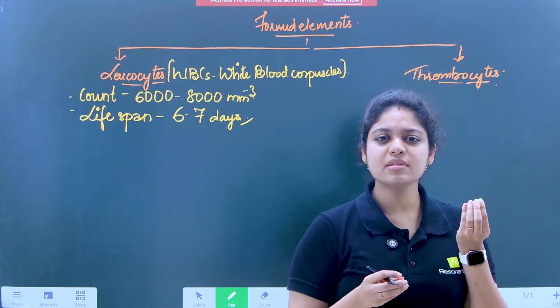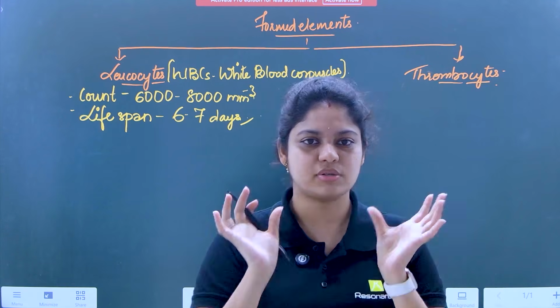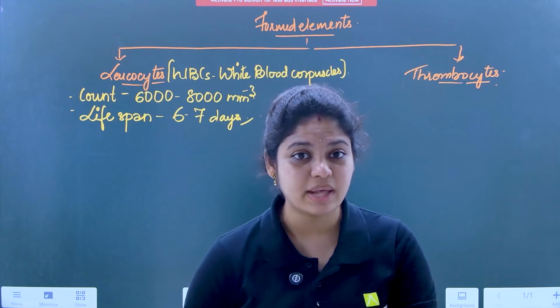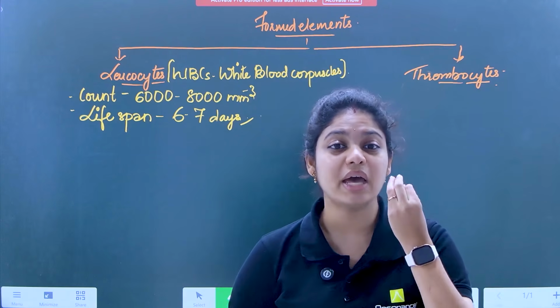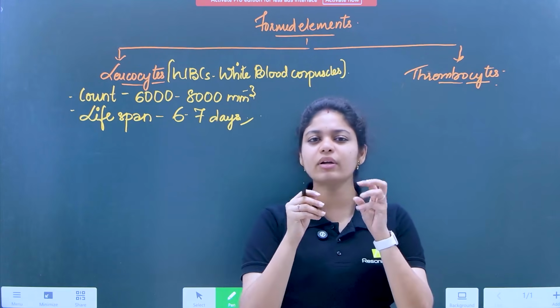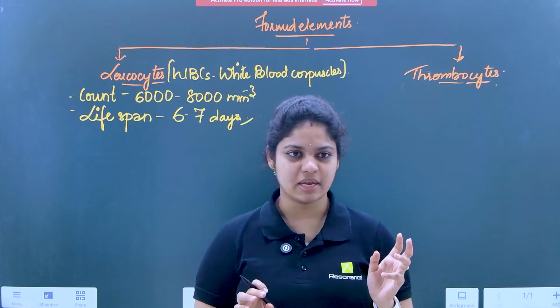If the cytoplasm has granules, meaning dot-like structures in the cytoplasm, it is called granulocytes. If the cytoplasm is clear, it does not have any powdery substance, then it is called agranulocytes.